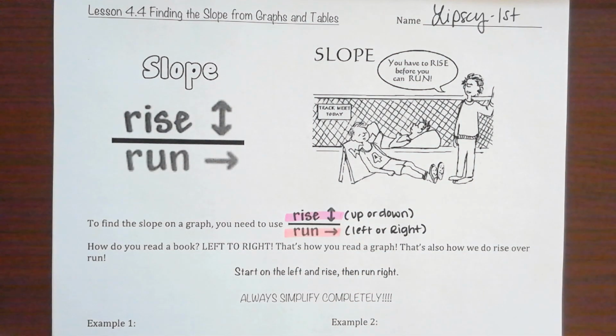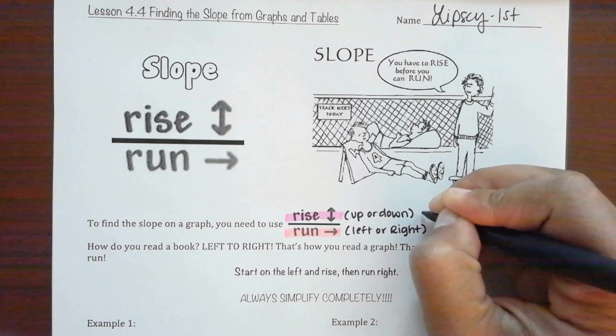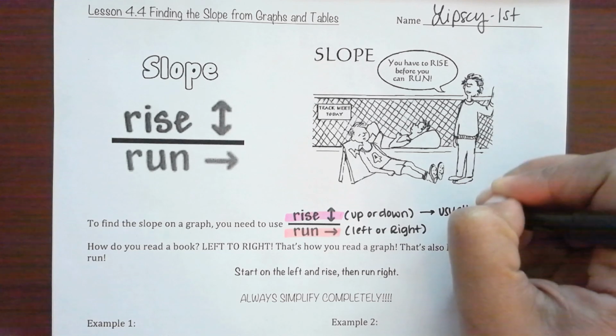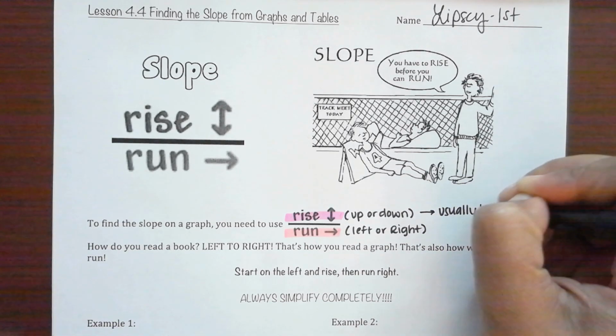And typically we keep the negative with the numerator. So if you need to know that, we'll write that out to the side. Usually keeps negative.